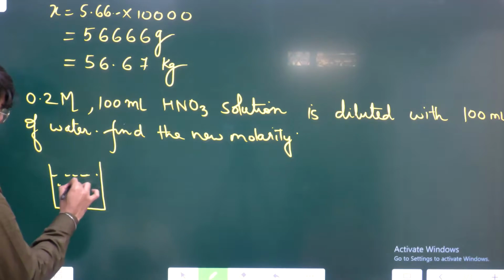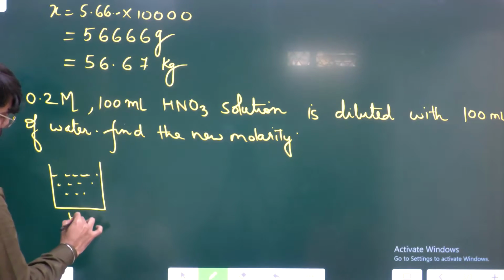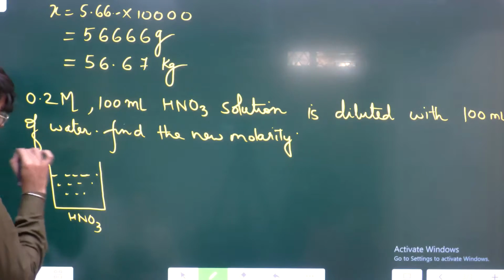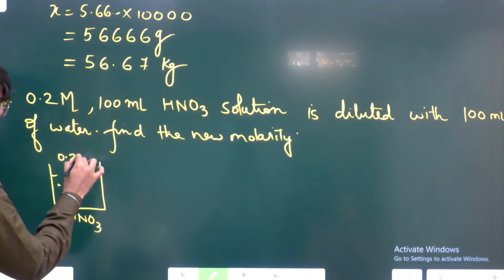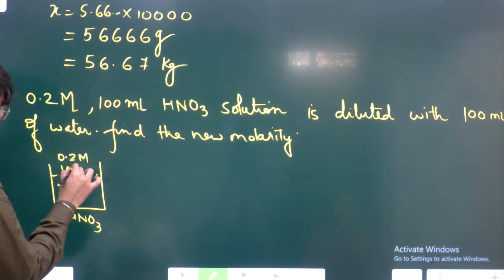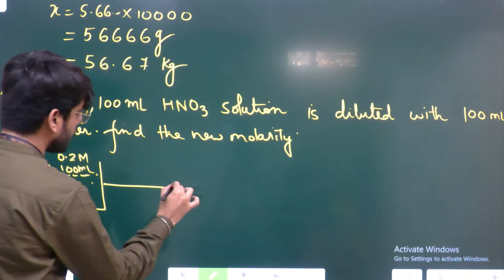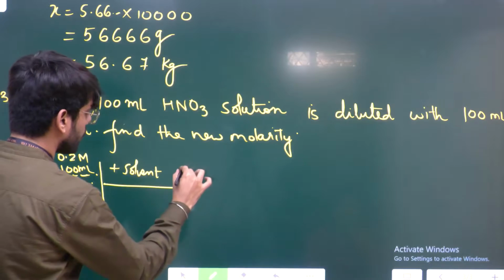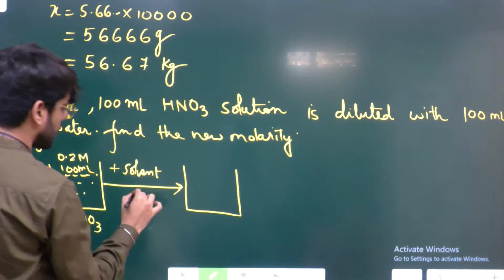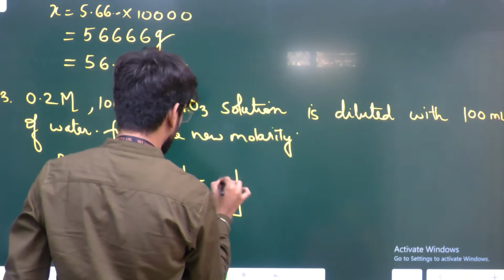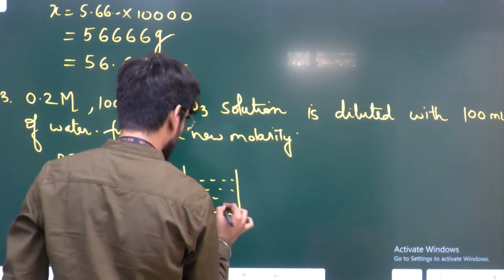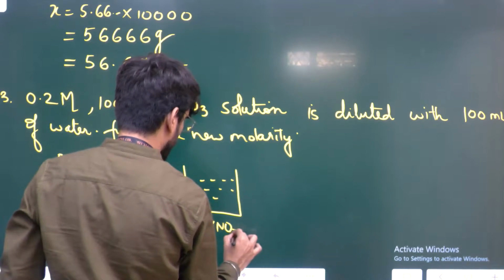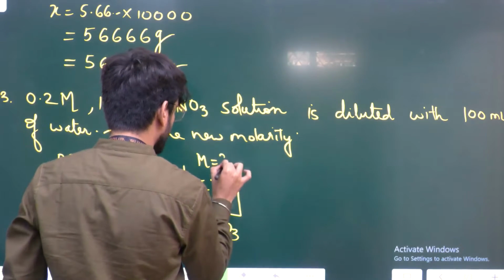This is my HNO3 solution. The molarity is 0.2 molar. Volume is 100. Now I am diluting it. That means I am adding the solvent. And how much solvent? 100 ml. So I get a new solution of HNO3 only, where I need to find out the molarity.